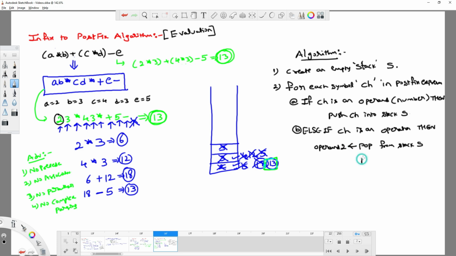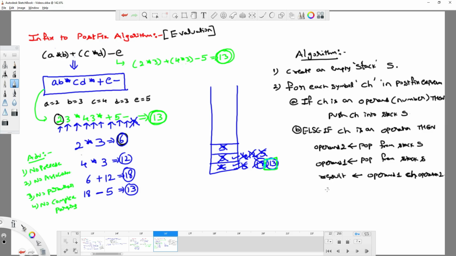Then perform one more pop operation from stack S, and that will act as operand 1. Finally, the result will be operand 1 ch operand 2, where ch is an operator. Then once I get some result, I push it back into the stack.